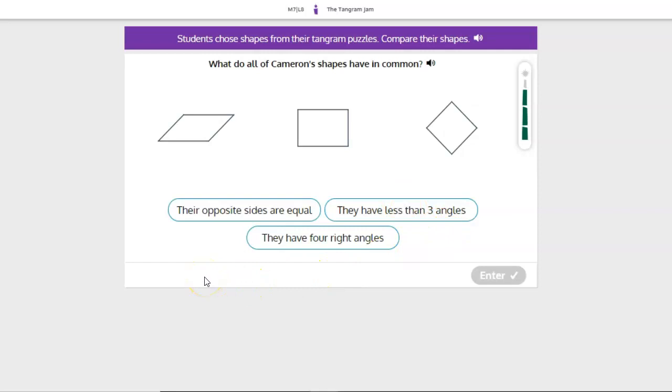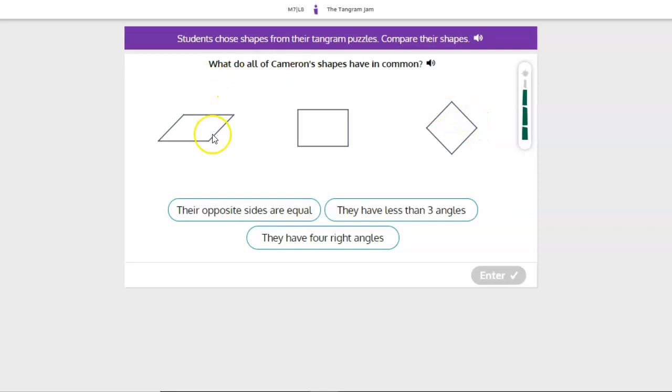Do these 3 shapes have 4 right angles? Remember, right angles actually make up a square corner. I can see that these 2 shapes, if I look at their angles, they make up square corners. And this shape also has 4 angles that make perfect square corners.